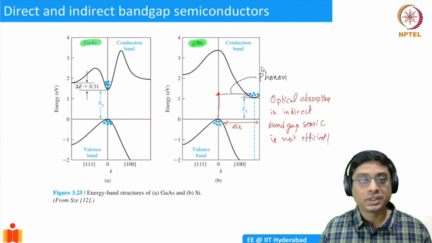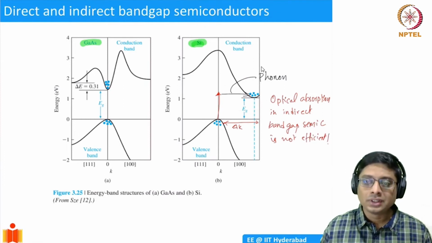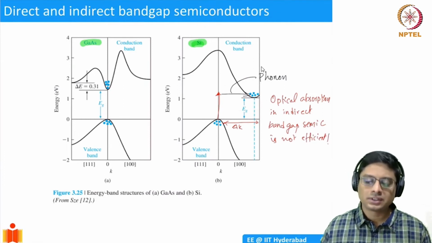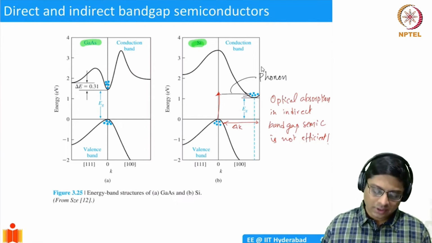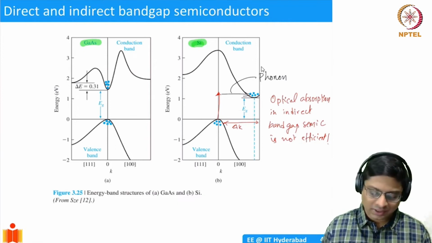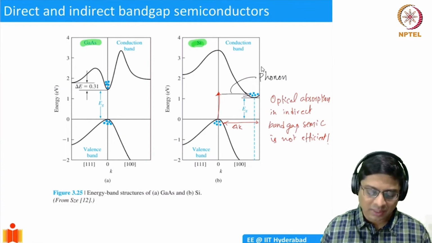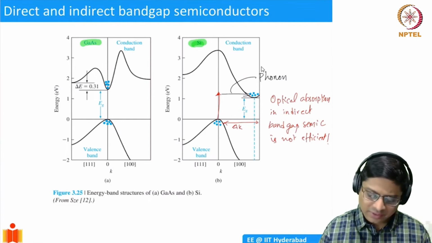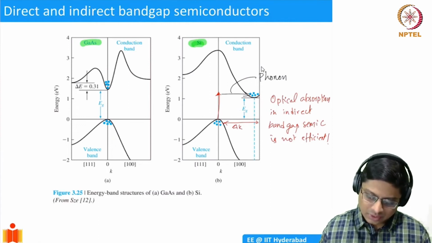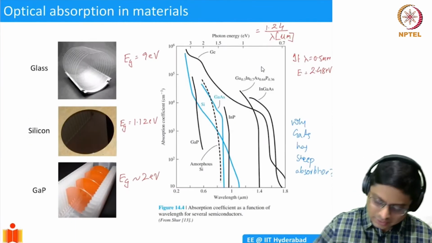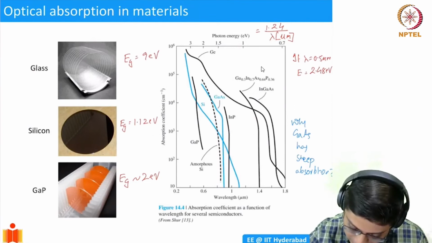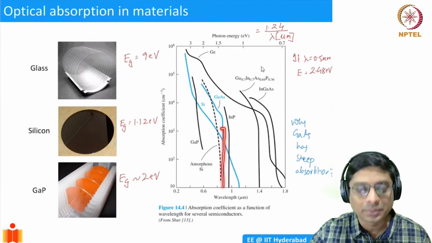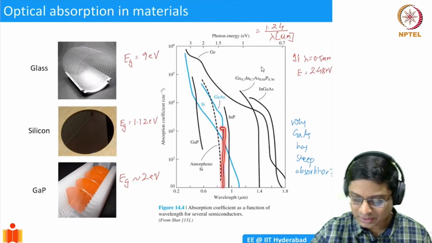It doesn't mean that they're useless. They're still useful, but the absorption efficiency is less. Whereas in a direct band gap semiconductor, it's very, very efficient. There is no momentum requirement. Only energy conservation is required. And because of which they're very, very efficient in absorbing photons. So that's why there is a very steep increase in the absorption above the band gap in a direct band gap semiconductor material.